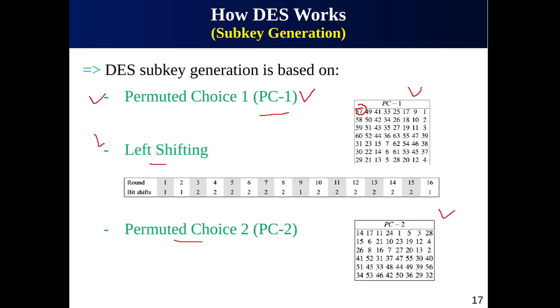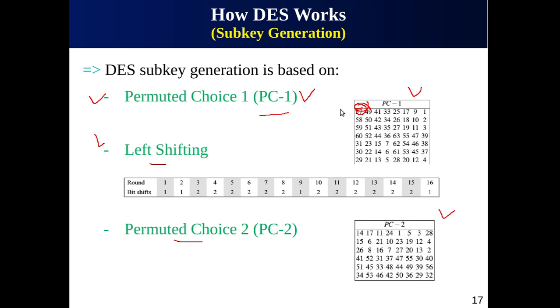The first entry in the table is 57. This means that the 57th bit of the original key will become the first bit of the permuted key, just as we saw with the plain text. Similarly, the 49th bit of the original key will become the second bit of the permuted key, and so on.